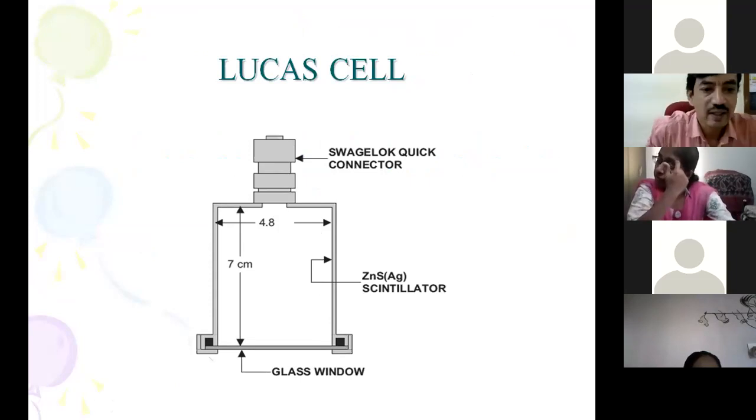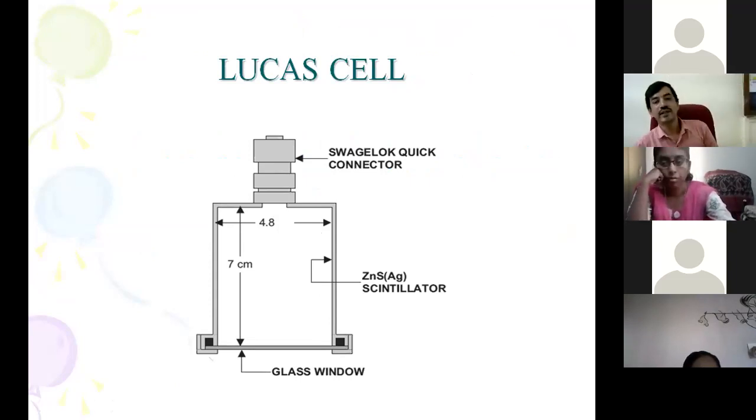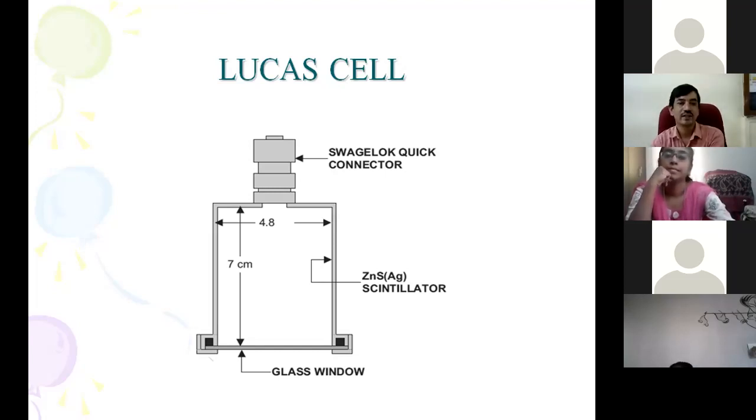Alpha particles are absorbed even by a thin sheet of paper. Therefore, constructing a detector for alpha particles is very difficult. That means we cannot measure with a GM counter or sodium detector or any other conventional counters which are available in most of our laboratories.